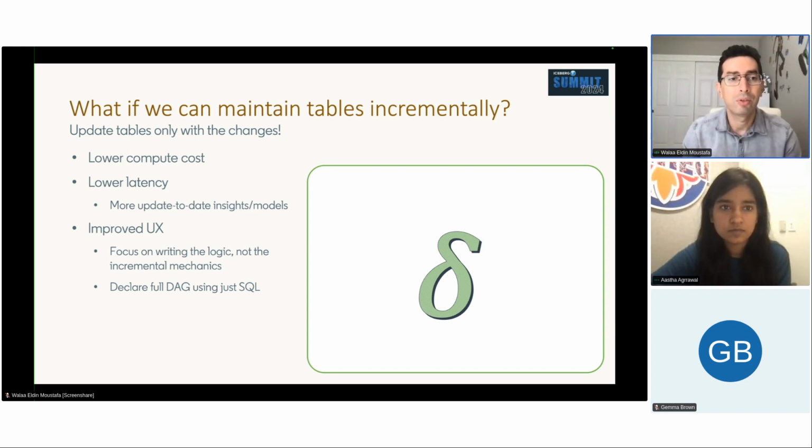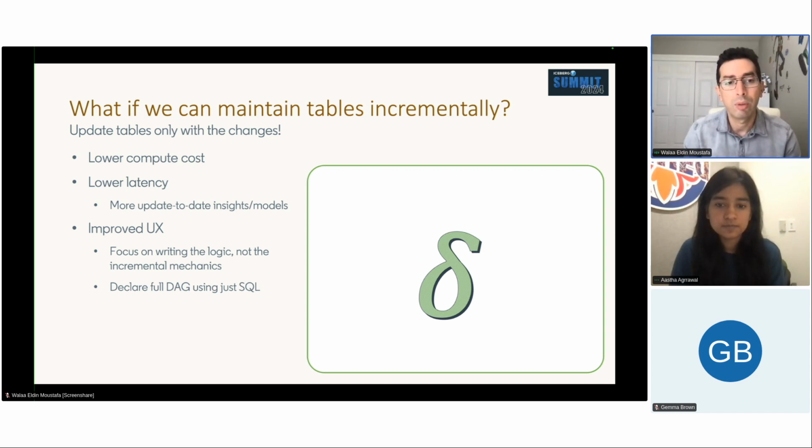What that means is instead of computing the data repeatedly on the same input, we can compute the insights based on new data only. That leads to lower compute cost in addition to lower latency, because now that we can get insights faster, we can do them more frequently and get more up-to-date information.